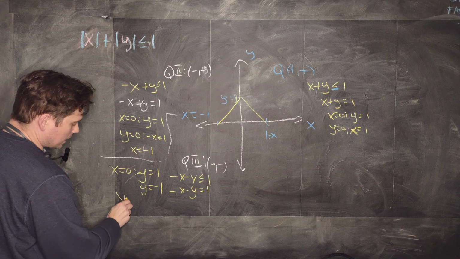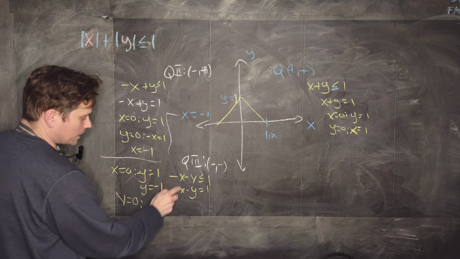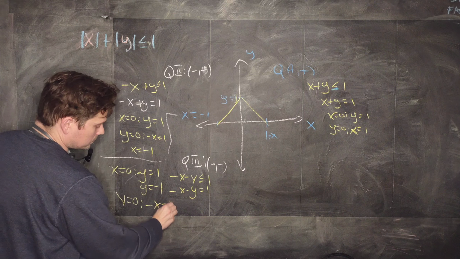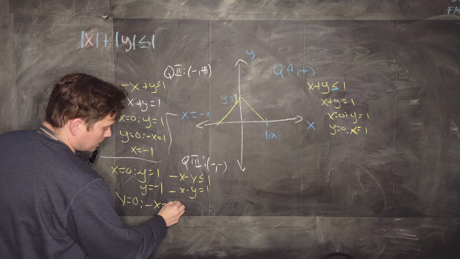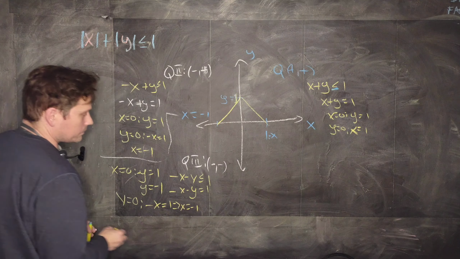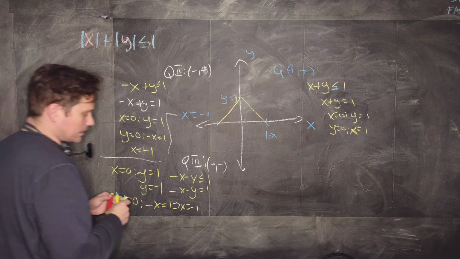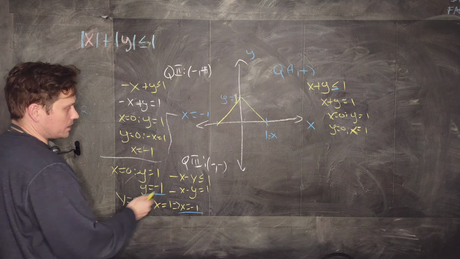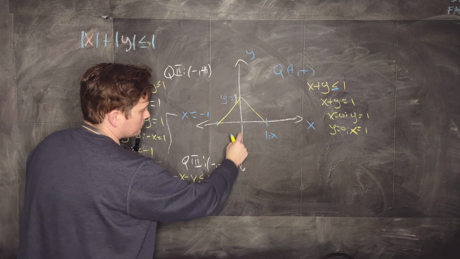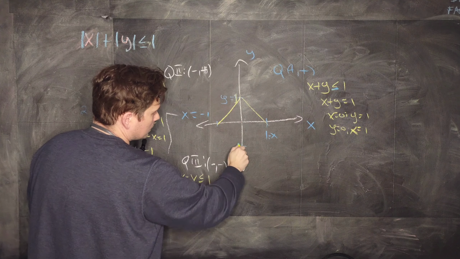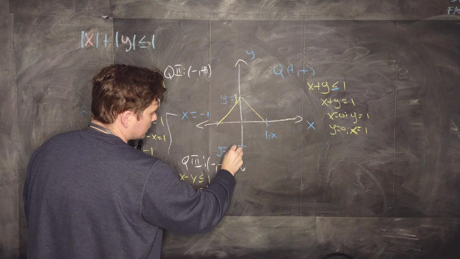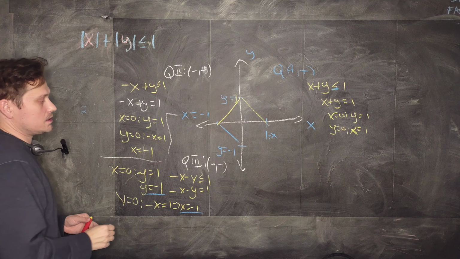Okay, and then when y is 0, what's left over for x? You have negative x equals 1. So that means that x is equal to negative 1. We already pretty much have these. So this one right here and this one here. Right, this is x equals negative 1. And now negative 1 for the y. That's down here. So y equals negative 1. And that looks like this.